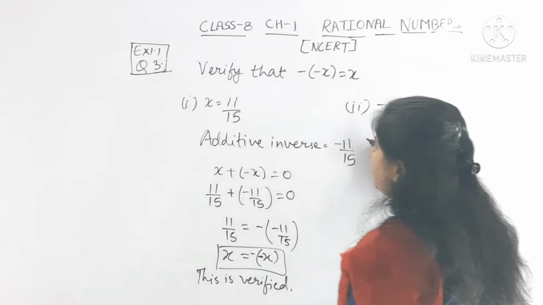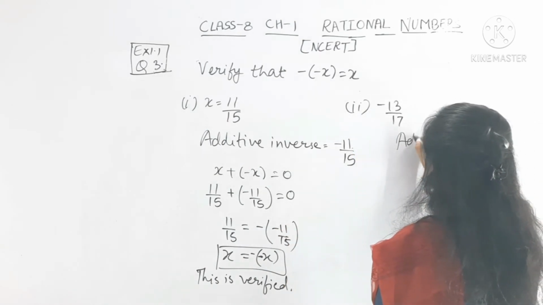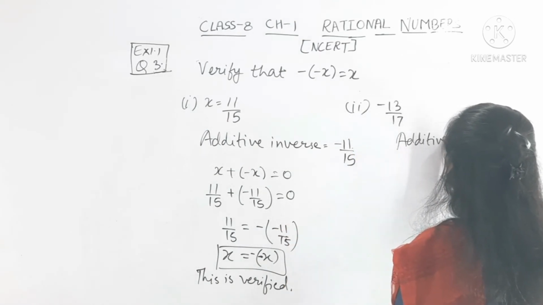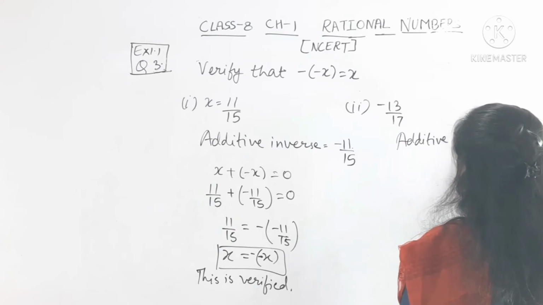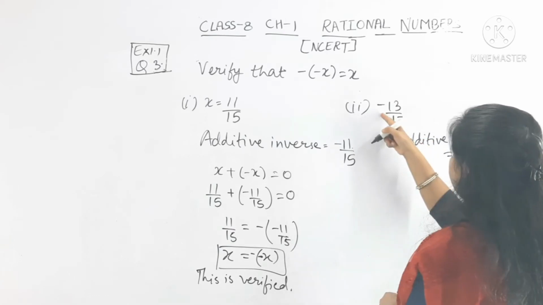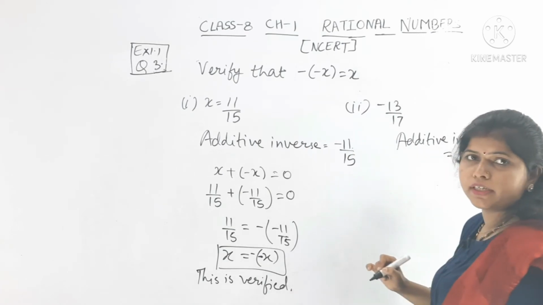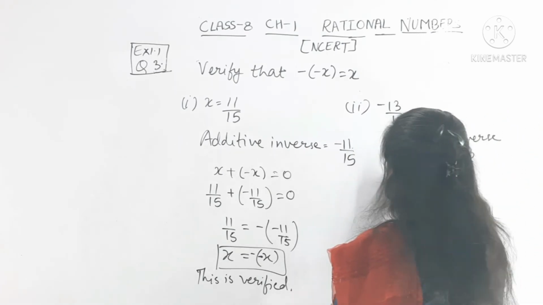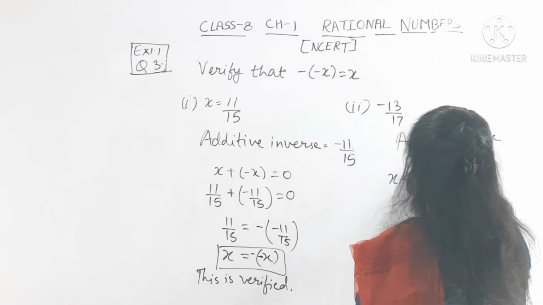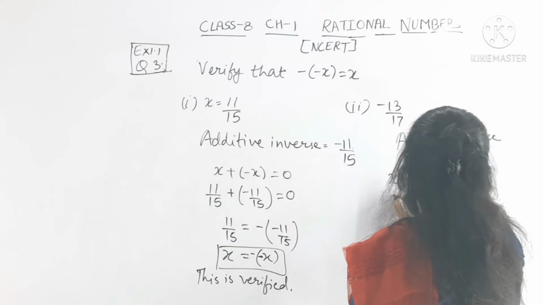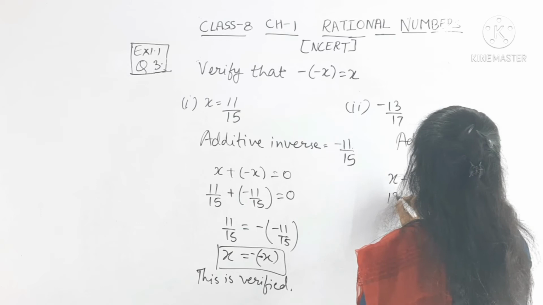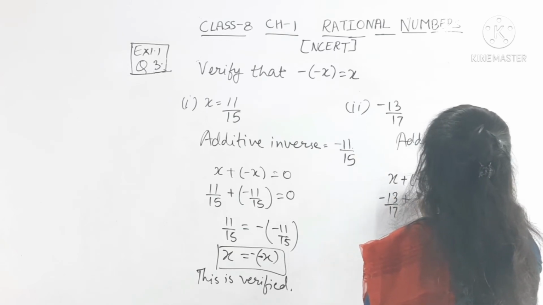Now come to question number 2. Here I am writing the additive inverse. So for this I am getting 13 by 17. Okay. So x plus minus x equals 0. So here 13 by 17 plus minus 13 by 17.